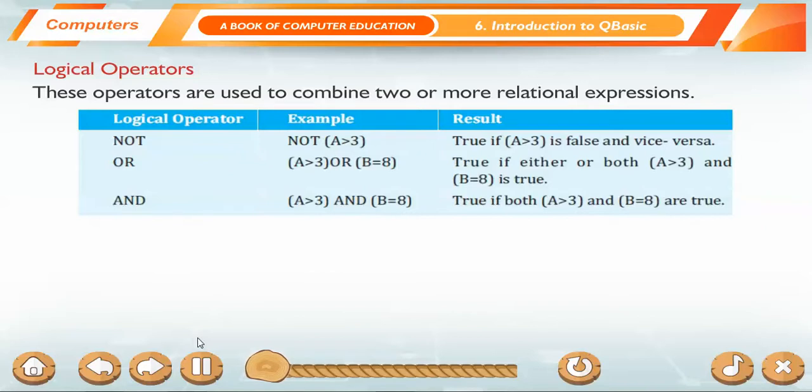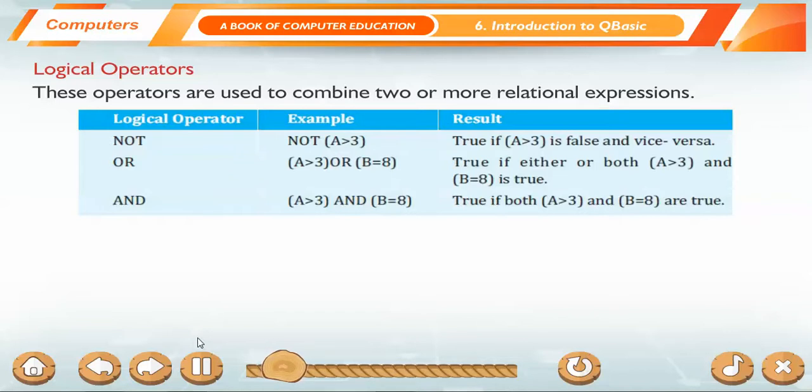Or: (a > 3) or (b = 8) is true if either or both (a > 3) and (b = 8) are true.